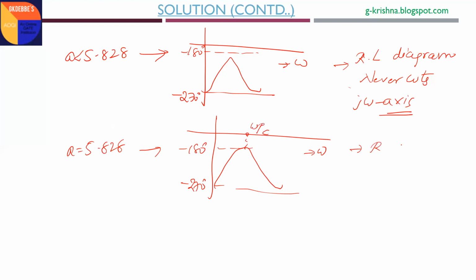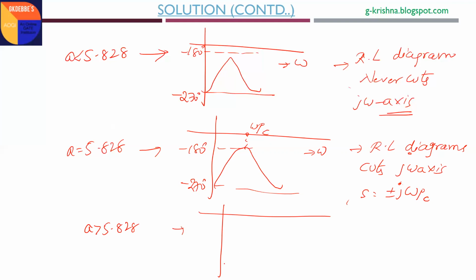Now the root locus diagram cuts the imaginary axis, where it will obviously cut plus or minus j omega pc only. But there will be one value of gain k for marginal stability. If we select any value greater than 5.828, this phase plot cuts minus 180 for two phase crossover frequencies.